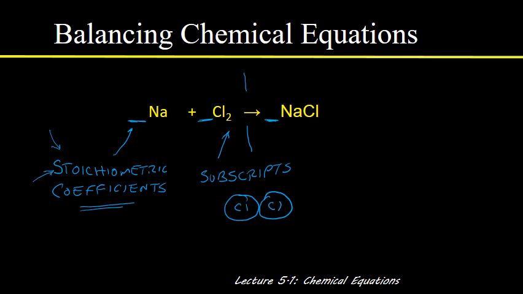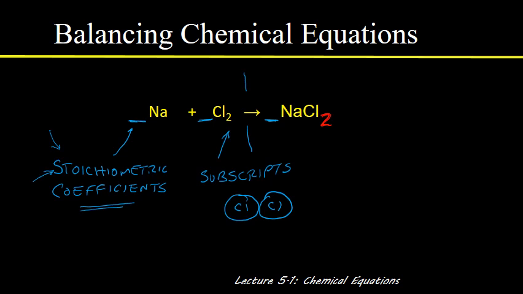So if we want to balance this, there's one quick and easy way that we can do this, and I want to put this up here, although this is wrong, right? We've got 1 sodium on the left, 2 chlorines on the left, and on the right we've got 1 sodium and 2 chlorines. Right? So we could balance this by putting a 2 here, right?